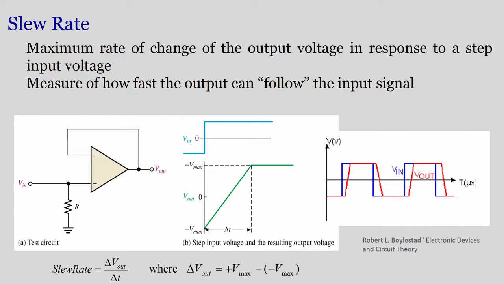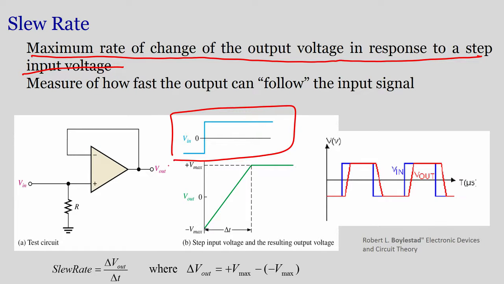Given on the screen: the maximum rate of change of the output voltage in response to a step input voltage. If I apply a step input voltage, which you see here, what is the change in the output voltage? Maximum change.